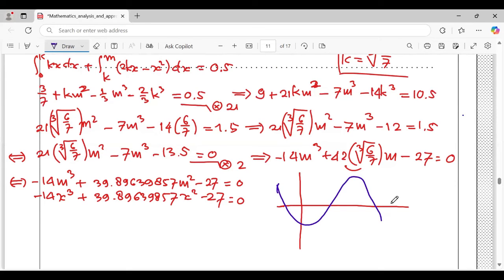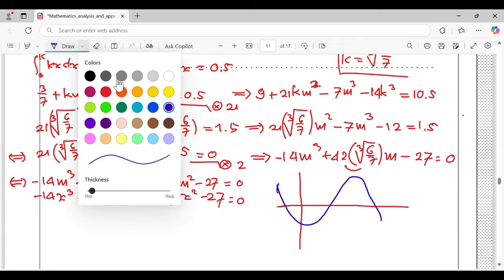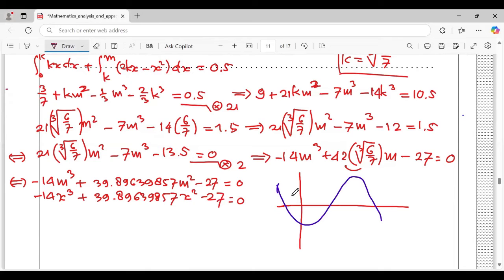Okay, so there are three intercept points with the x-axis. The first one is this, the second one this, and the third one this. The first coordinate point is minus 0.734, 0.